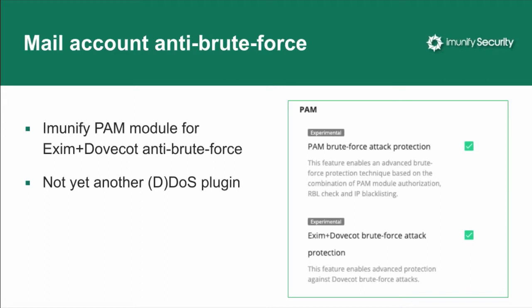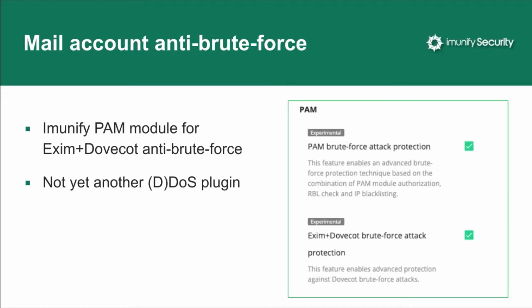It works more intelligently, and it can differentiate between different types of requests coming to hack a mail account. For example, if we have an attack coming from a single IP address against a single mail account, we can differentiate it and lock down the mail account and block the IP address in the most suitable way for this particular situation.